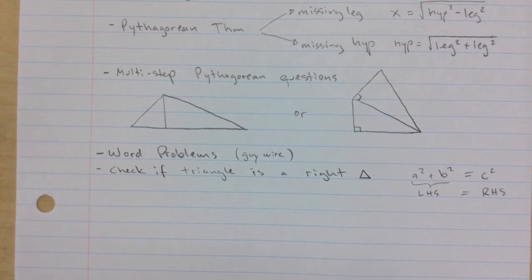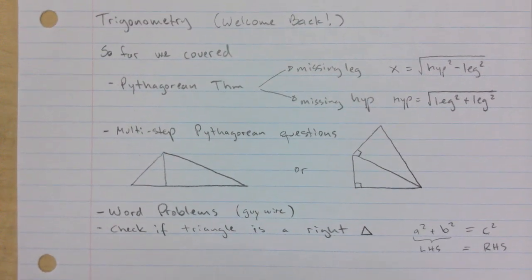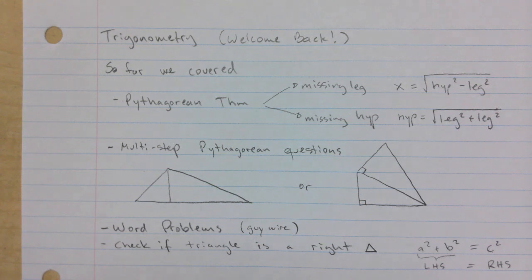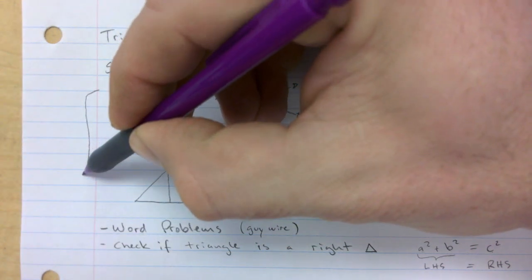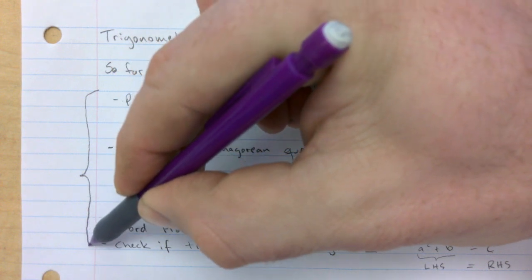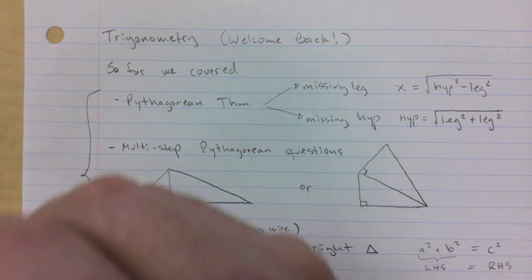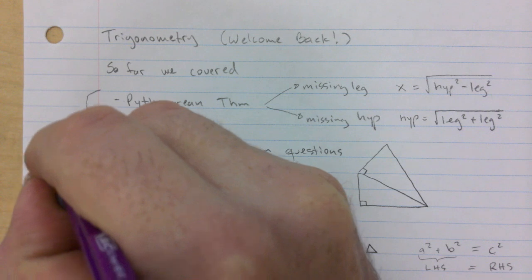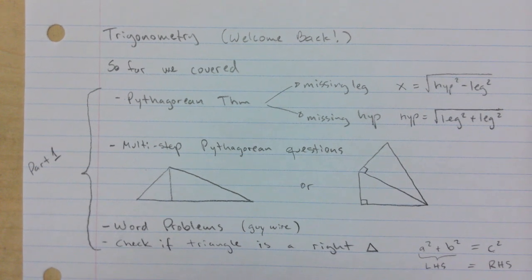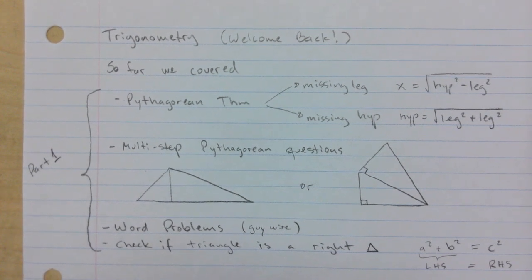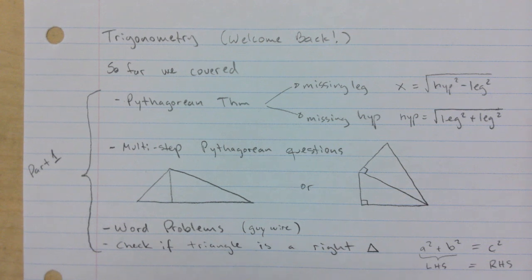So what I've just talked about here is basically what I call part one. Okay, that's all part one. That was all Pythagorean theorem. So there were no angles involved here. When you have no angles, just two sides, you use Pythagoras to find the other side.